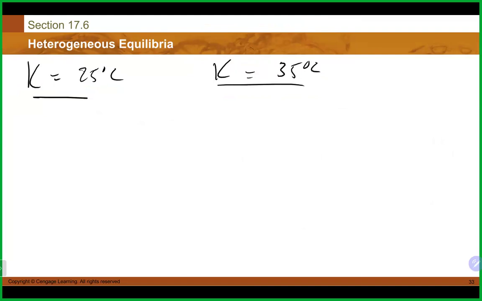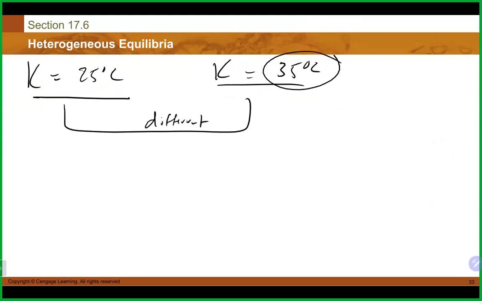But again, a reminder that if we did a bunch of reactions at 25 degrees Celsius versus the K value at, say, 35 degrees Celsius, we would have different values between these two. If you did all the experiments at 35 degrees Celsius, you should end up with the same value among them.